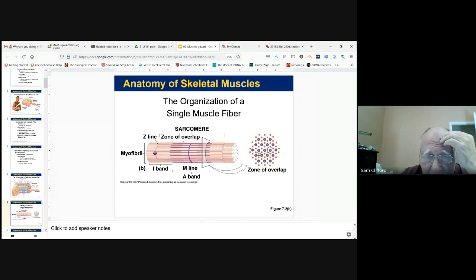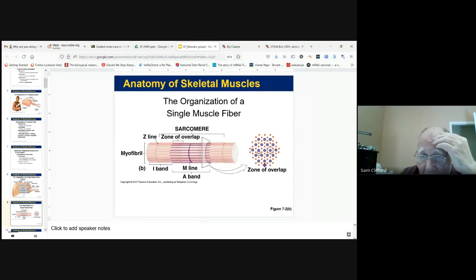The Z line has the attachment of the thin filaments. So these filaments overlap, and they have the thick filaments in the middle of the sarcomere, attached to the M line. The A band is where you have thick filaments called myosin, overlapping thin filaments called actin.